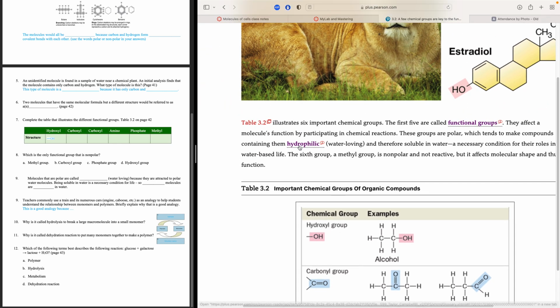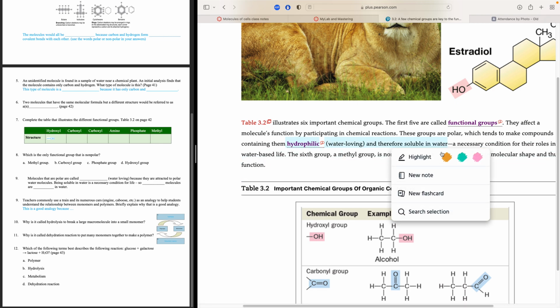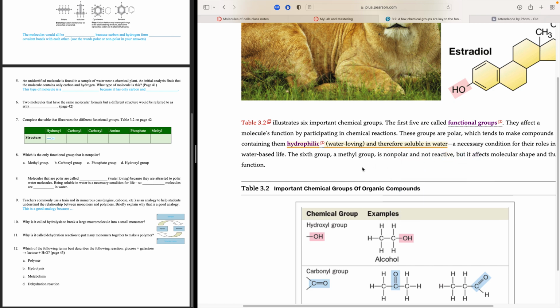It's another key term, hydrophilic. I'm highlighting that. Good idea for you to do so too. So already we've had like 5 key terms in 2 pages. The sooner you know those words, the easier the entire unit gets. And this stuff builds on itself a little bit.